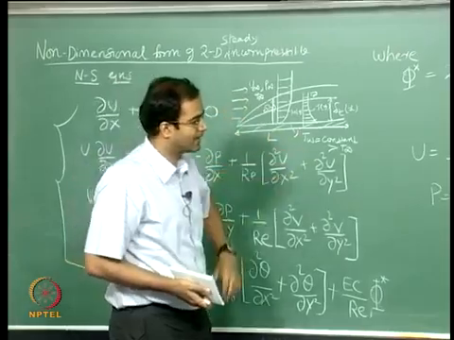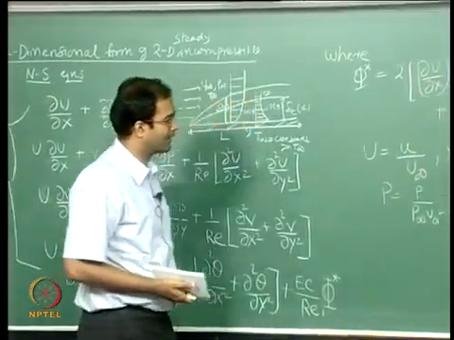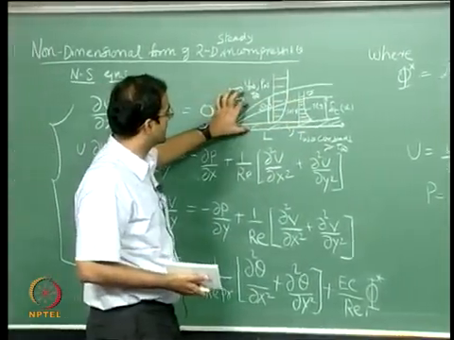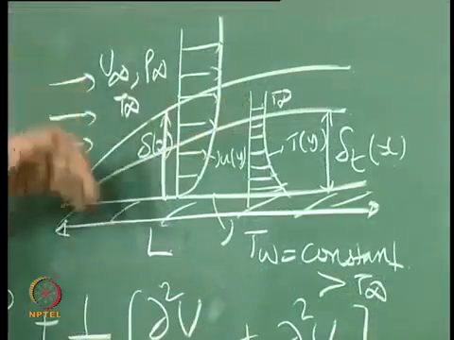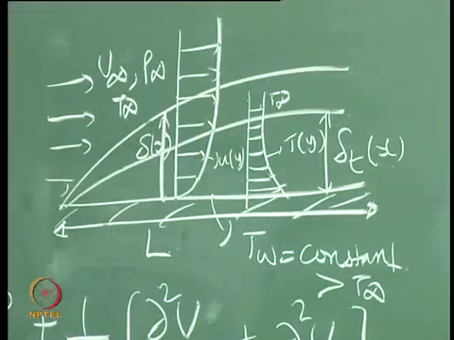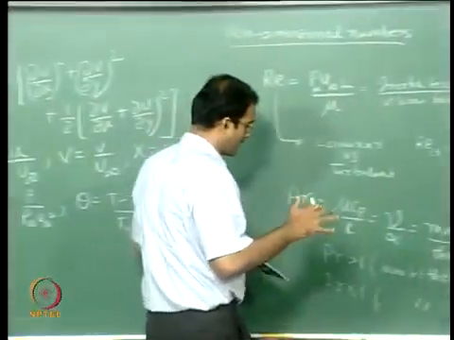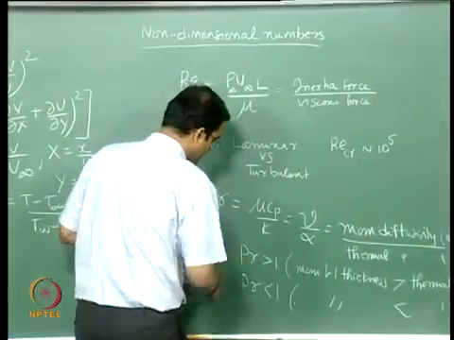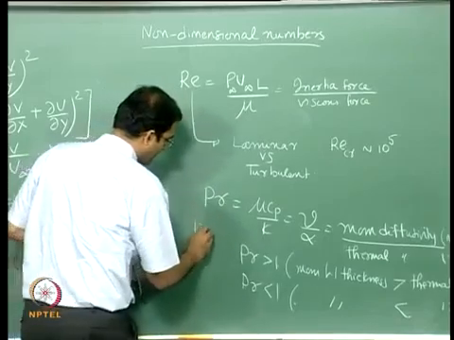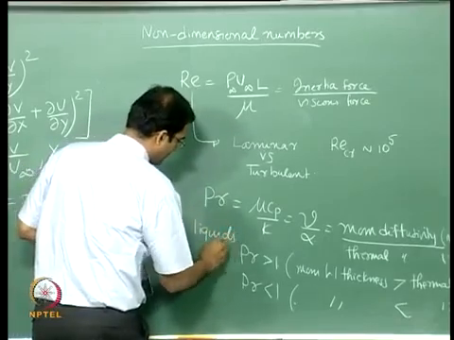So these are again some kind of classifications where you can identify how the velocity boundary layer thickness grows with respect to the thermal boundary layer thickness, and typically for gases you will have Prandtl number close to 1. Typically for liquids you will have Prandtl numbers much greater than 1.